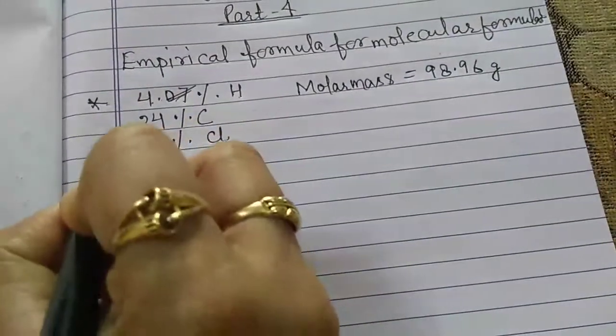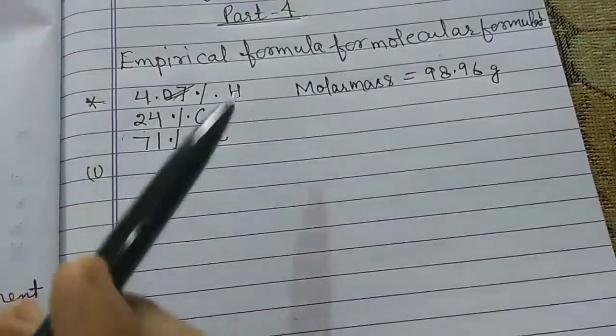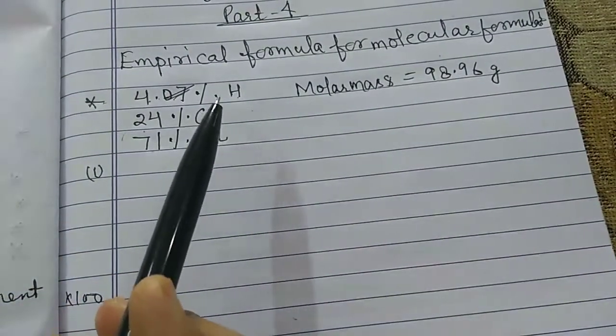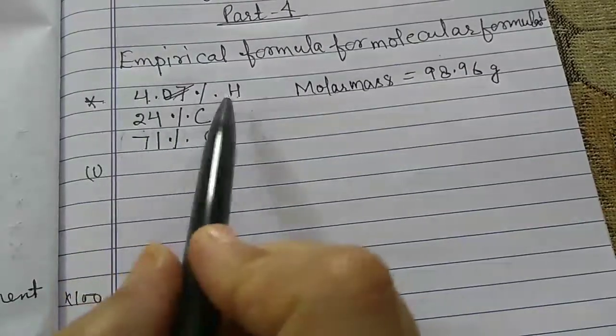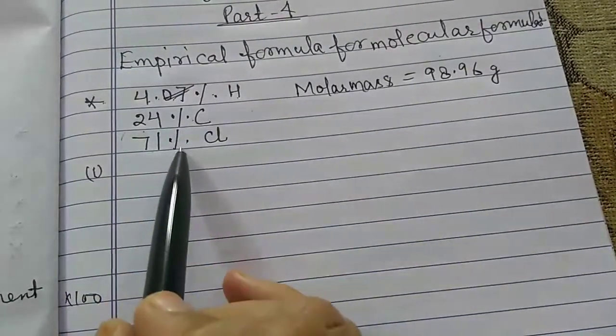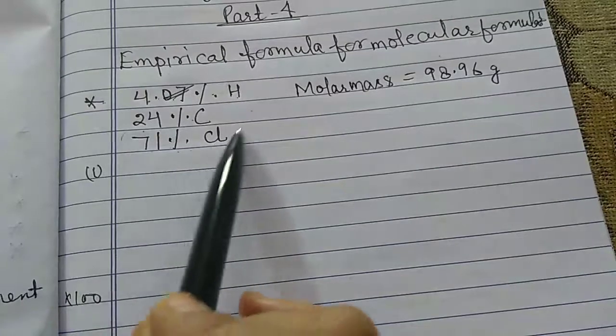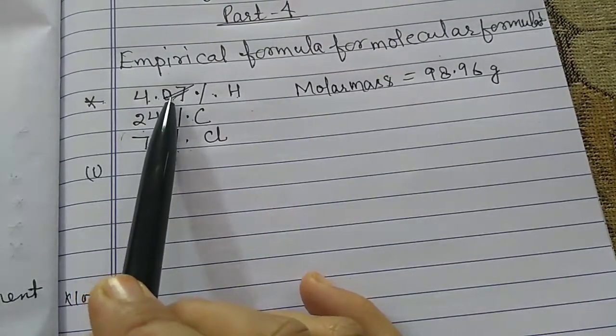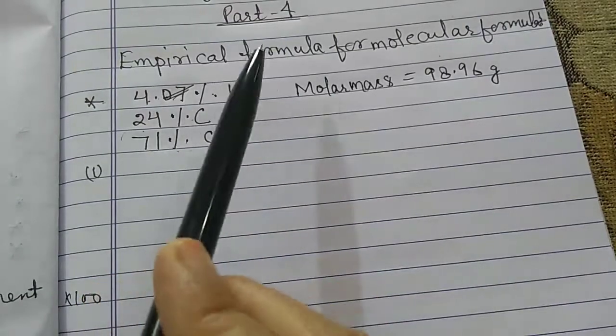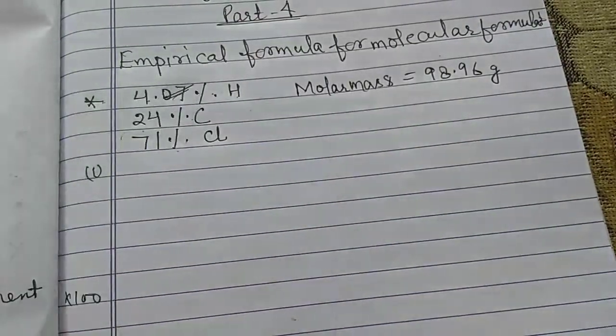The first step is conversion of mass percent into gram. Now these are given in mass percent, so the first step is to convert these from percentage to gram, and it is very easy to convert.